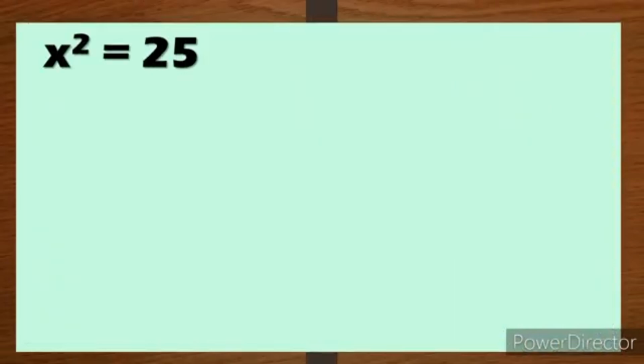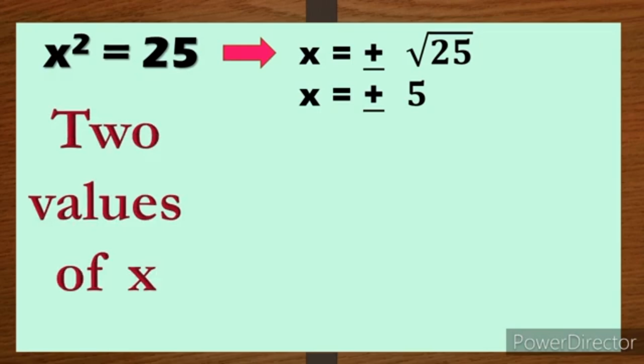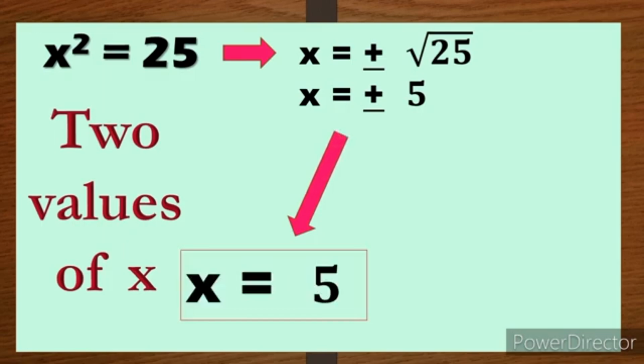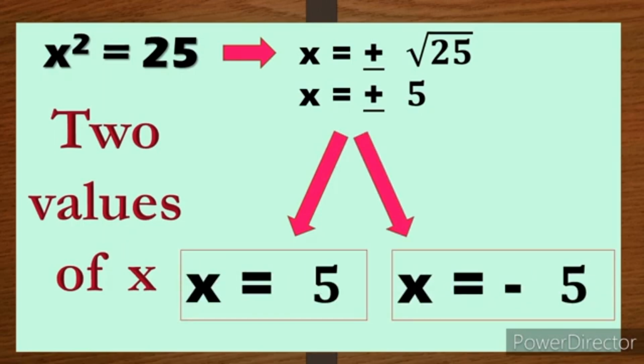We have now x squared equals 25. It becomes x equals plus or minus square root of 25. So take the square root of both sides of the equation. Then now we have the square root of 25 is 5. Therefore, we have x equals plus or minus 5. Then we have two values of x, and that is x equals 5 and x equals negative 5.